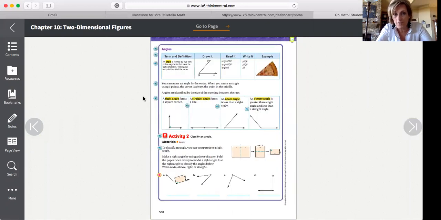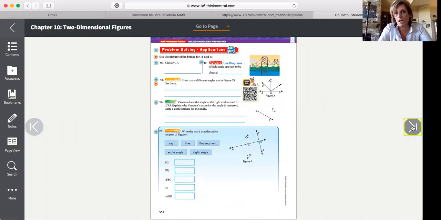On 550, you have these different kinds of angles, exactly what they mean. So if you forget what some of those terms are asking you for, go back and look at the PDF and look at page 549 and 550 to help you figure that out.